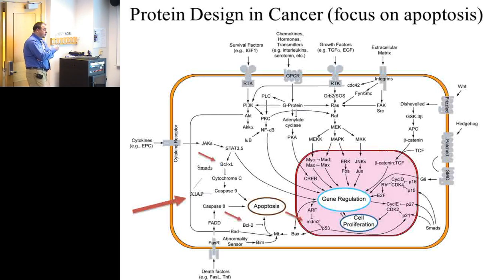We're going to focus on protein-peptide interactions, and here we have a map of the basic biochemical pathways associated with cancer. We're going to focus on this protein called X-linked inhibitor of apoptosis, XIAP, specifically a BIR3 domain within this. The BIR3 domain is known to inhibit caspase 9.